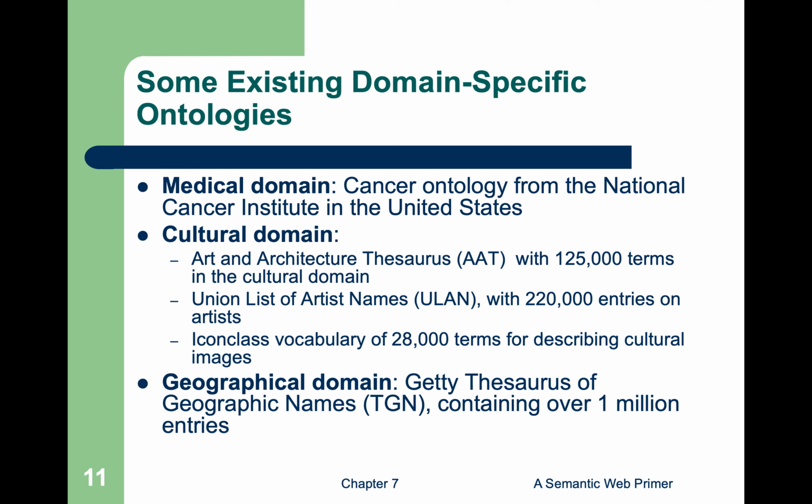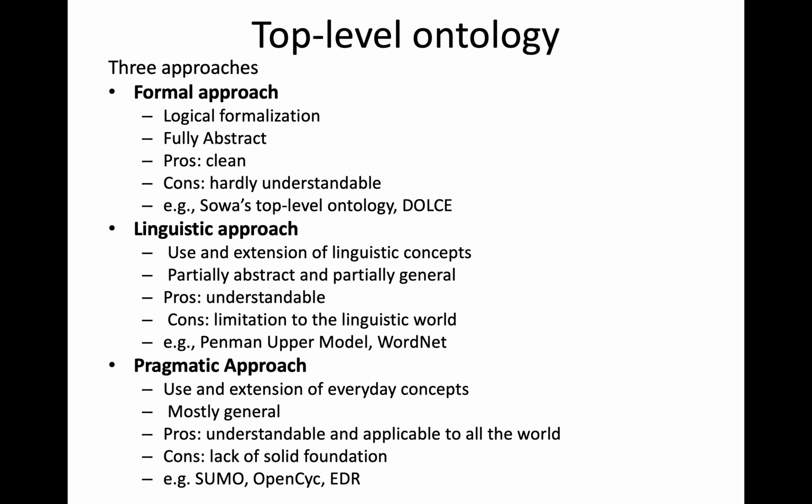The IconClass vocabulary has 28,000 terms for describing cultural images. The geographical domain has the Getty Thesaurus of Geographic Names, containing over 1 million entries.